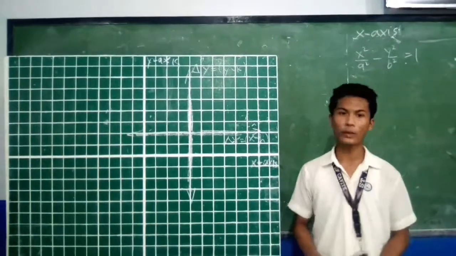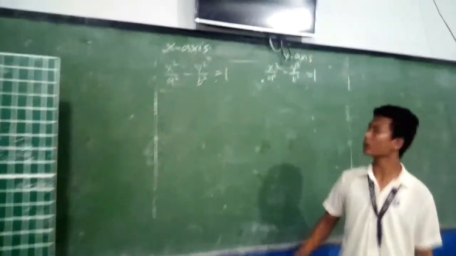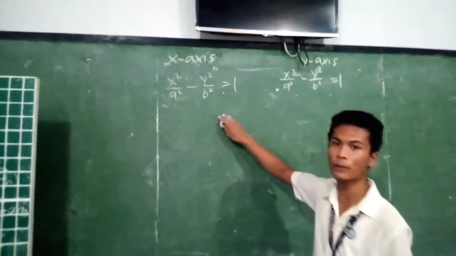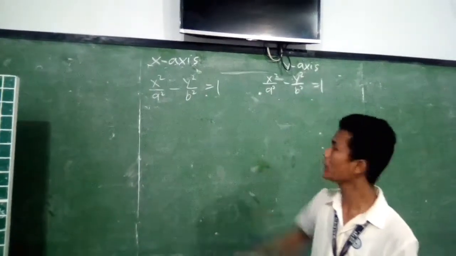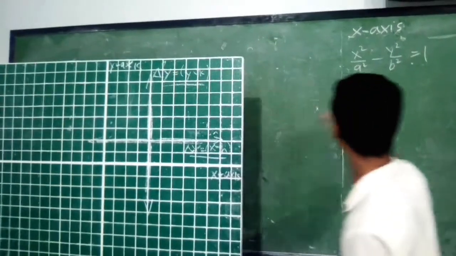Now we're going to derive the formula of a hyperbola with a center at h and k. The derivation will be from the standard equation of the hyperbola with a center at 0, 0 or its origin. We're just going to substitute the change of x and the change of y.